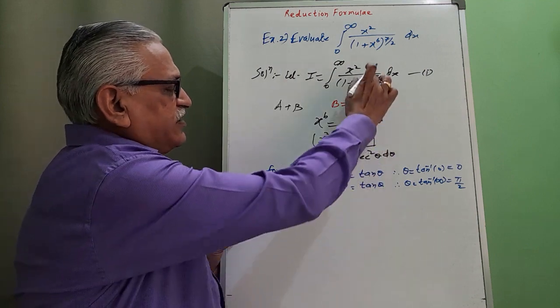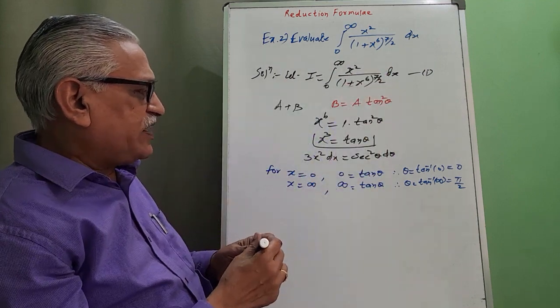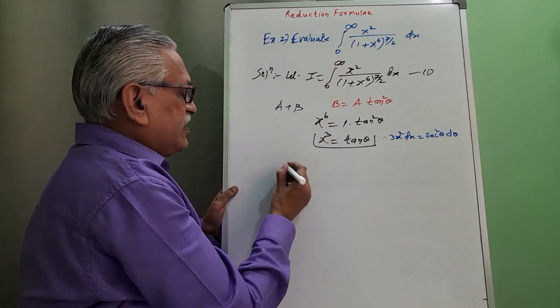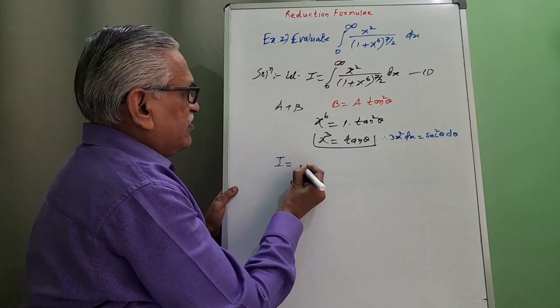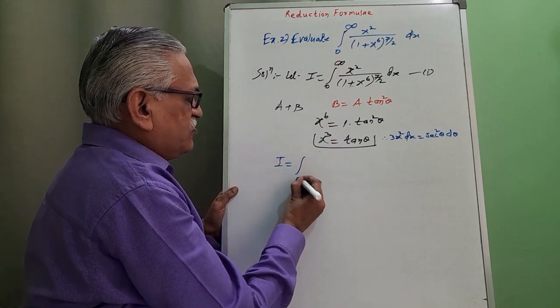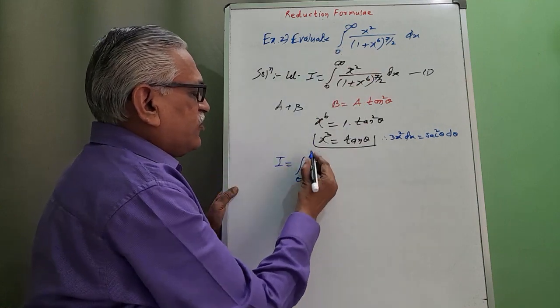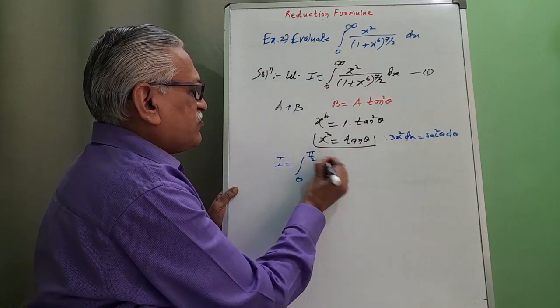Substituting this in that equation 1, we get, therefore that integral I becomes integration from 0 to infinity. Instead of that, new limits are 0 to pi by 2.